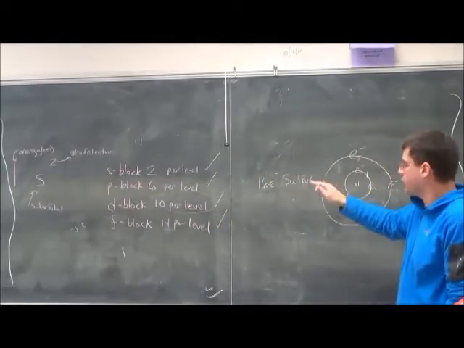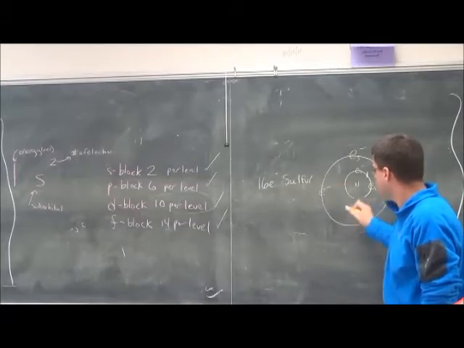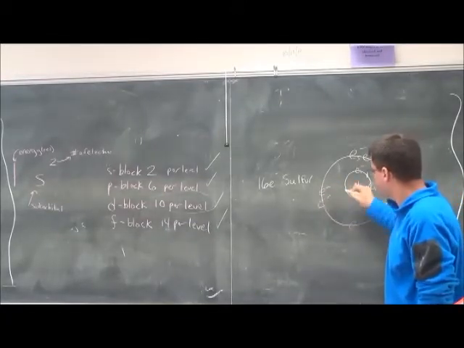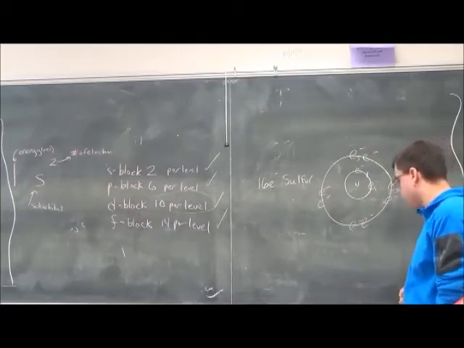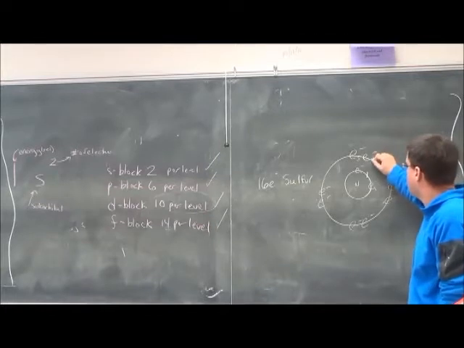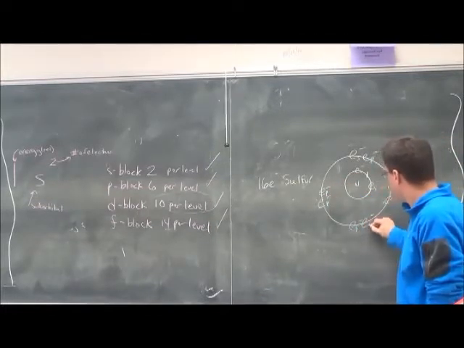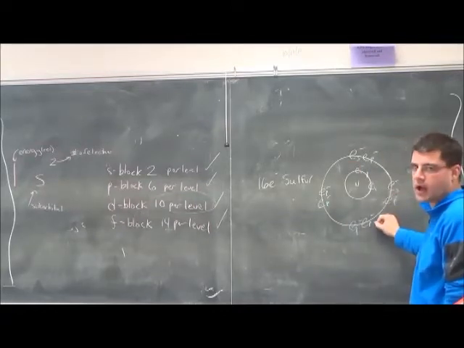But now we're getting into the P block because I can hold more in this level. So we're going to go 3, 4, 5, 6, 7, 8. These remaining electrons are found in the P block. 1, 2, 3, 4, 5, 6. So now I've got 6 in the P block.